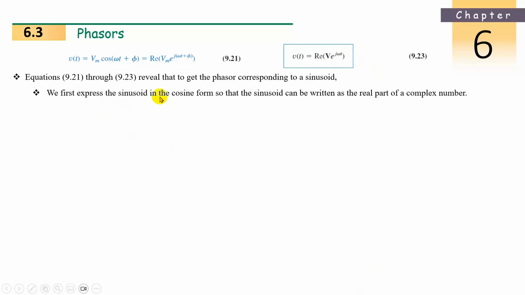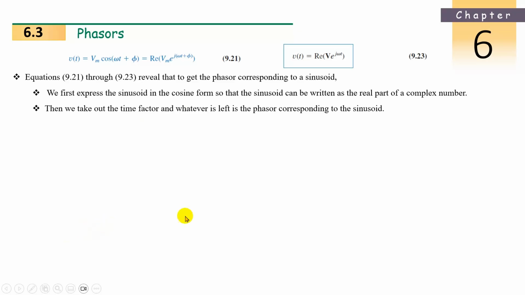So we first express the sinusoid in the cosine form so that it can be written as the real part of a complex number. The real part of the complex number can come only when the sinusoid is in cosine format. Then we take out the time factor. How? Separate the angle phi term and amplitude, then the time factor will be separated.